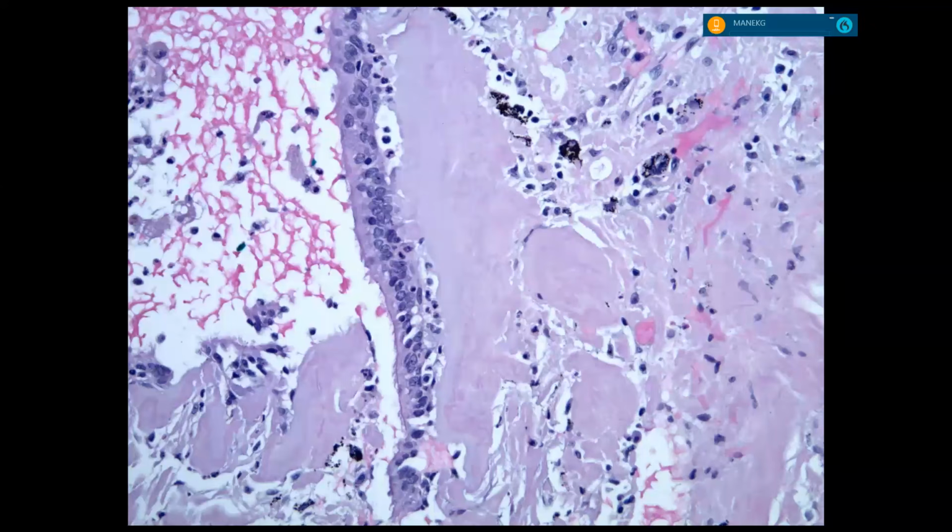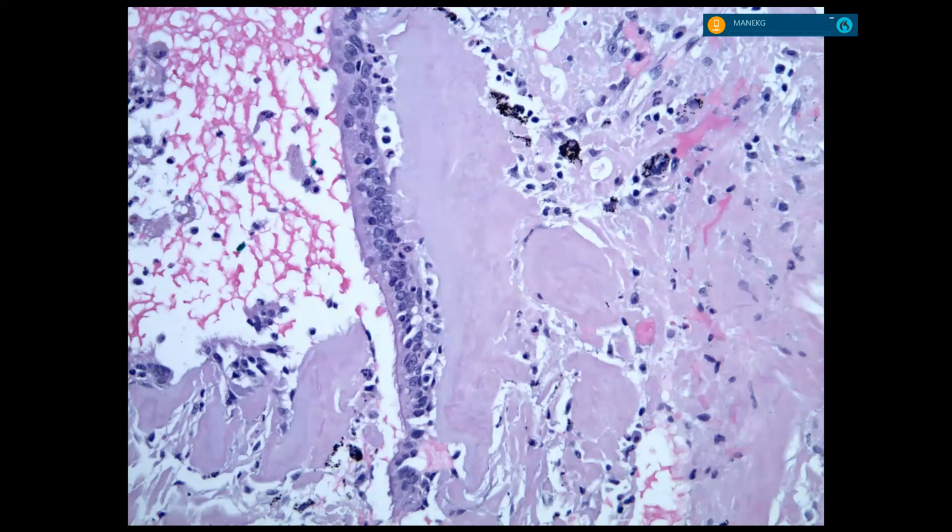Subepithelial fibrosis. Yeah, that subepithelial fibrosis, look at it again. What else could that be? Remember we were having the discussion about pink versus pink versus pink. Amyloid? Amyloid. It's a more homogeneous material, very difficult to tell.